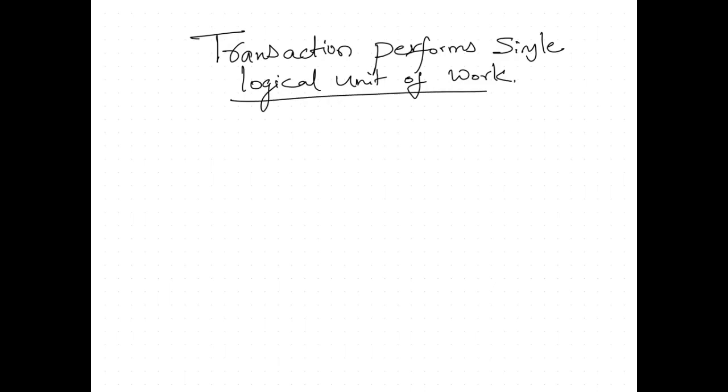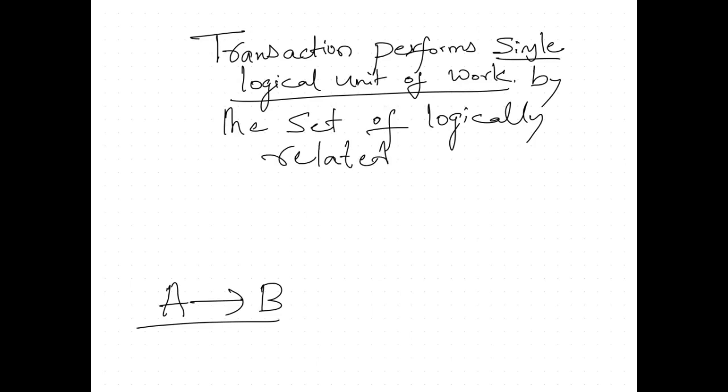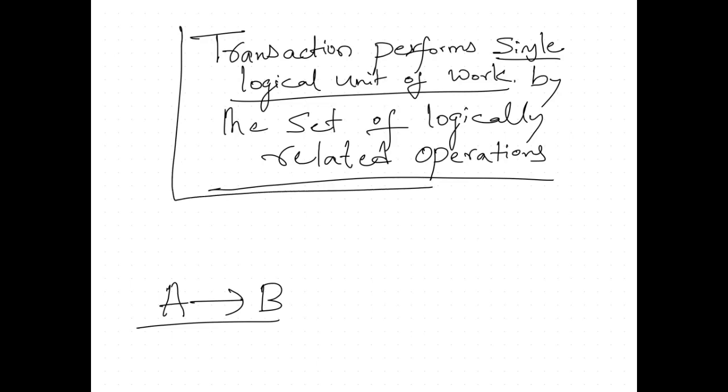What is the single logical unit of work? To transfer an amount from A to B. How are they going to perform this single logical unit of work? By a set of logically related operations. So this is the definition of a transaction.